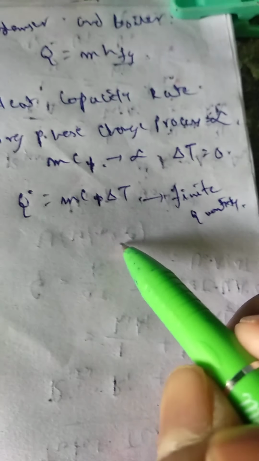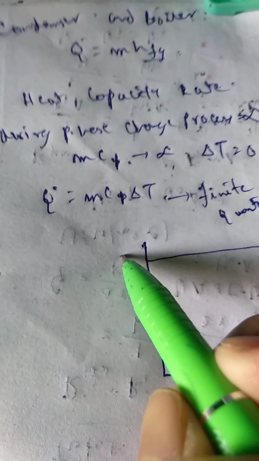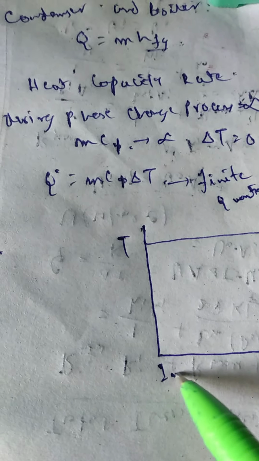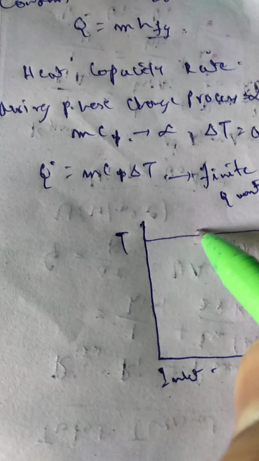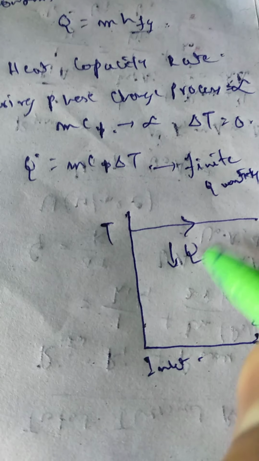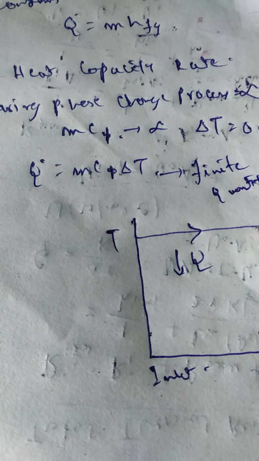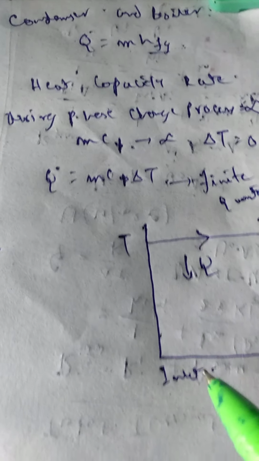So the phase change diagram will be like this for this fluid. Suppose this is the condensing fluid. The temperature difference will be equal to 0. So heat will be released, and the temperature change will be 0, so the heat capacity will be infinity.